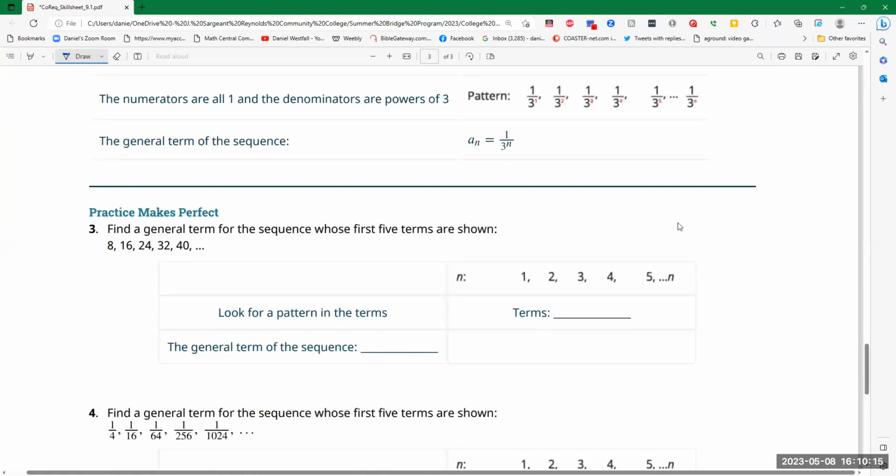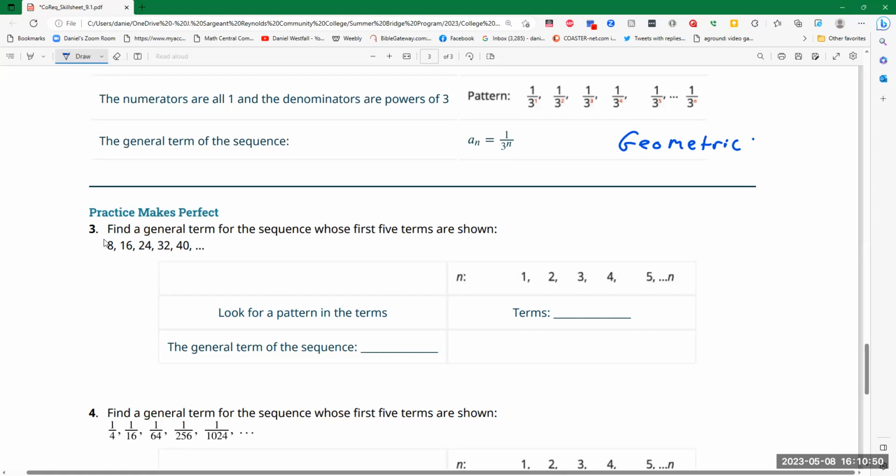There's other ways that we could write that, as (1/3) to the n or 3 to the negative n. Those also work. So we'll talk about those more when we get back to something called a geometric sequence.